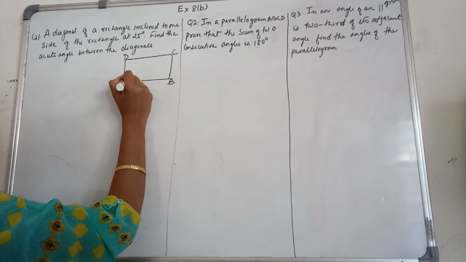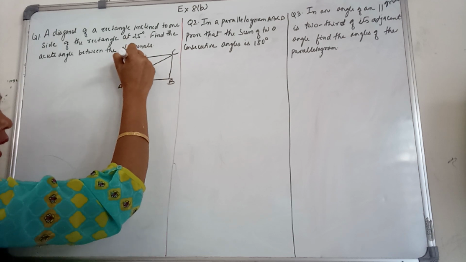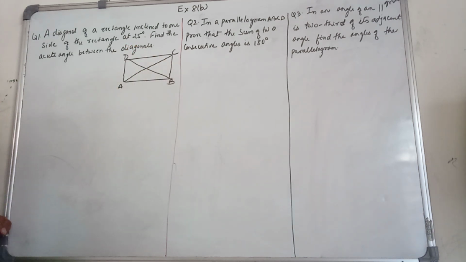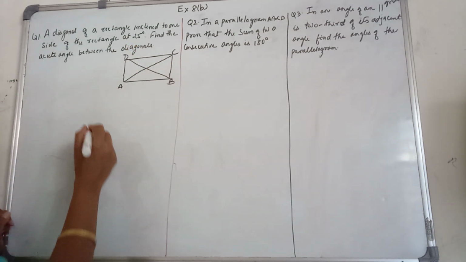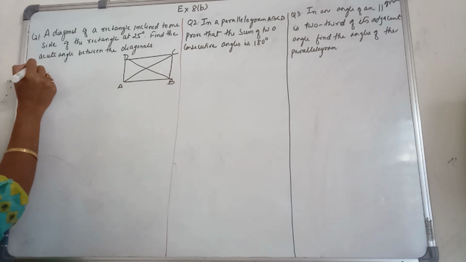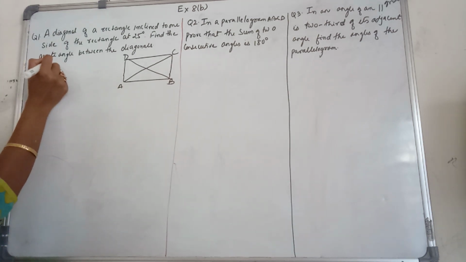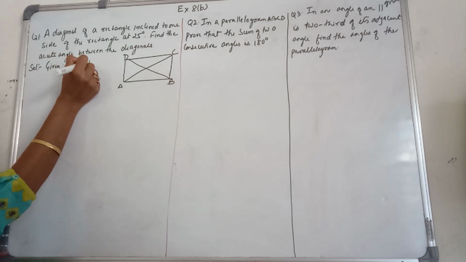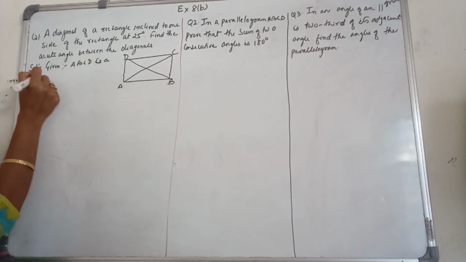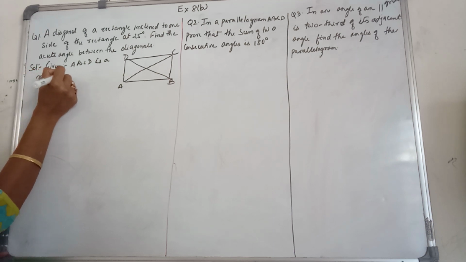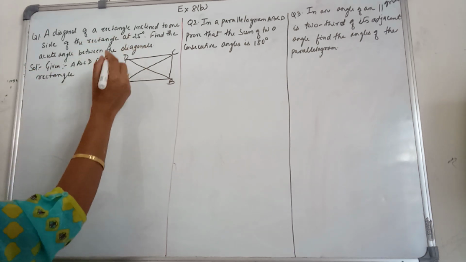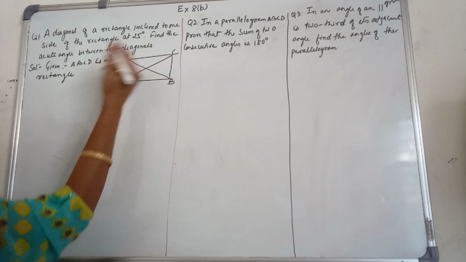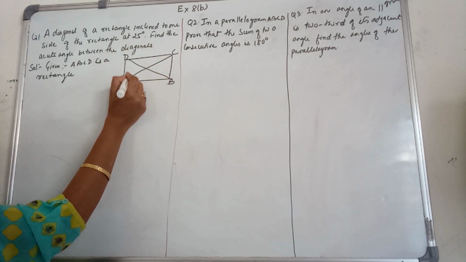So you have to draw the diagonal. AC and BD are your two diagonals of a rectangle. So here, what is given? ABCD is a rectangle. And one of the angles is inclined, and one of the diagonals, it may be this one or this one.